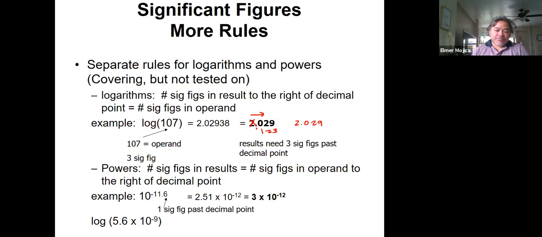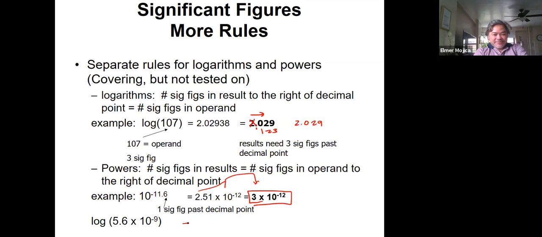You get 2.51 times 10 to the negative 12. But the rule is that the number of significant figures equals the one on the right side of the decimal point. So you can only express this in one significant figure. So you have to round off 2.51.